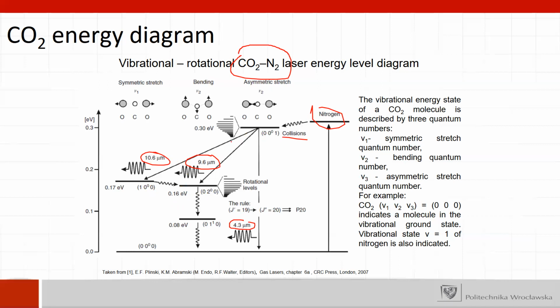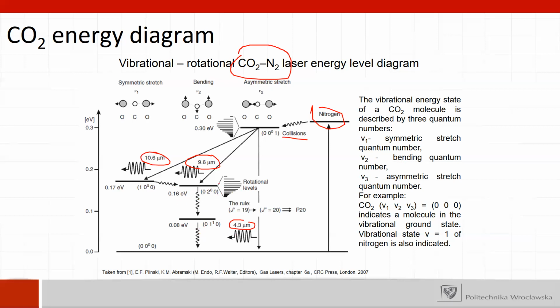By that we can have a transition that generates a photon at 10.6, and then we have relaxation to the ground state, and also some kind of intermediate levels before relaxing to the ground state.